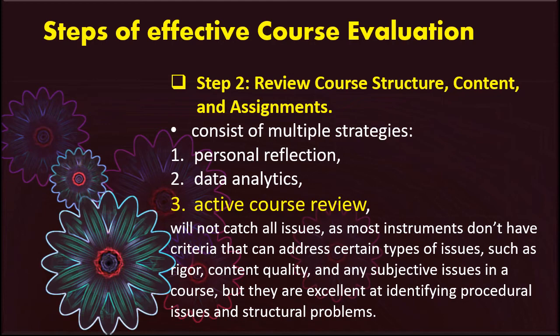Active course review, however, will not catch all issues, as most instruments do not have criteria that can address certain types of issues, such as rigor, content quality, and any subjective issues in a course. But they are excellent at identifying procedural issues and instructional problems.